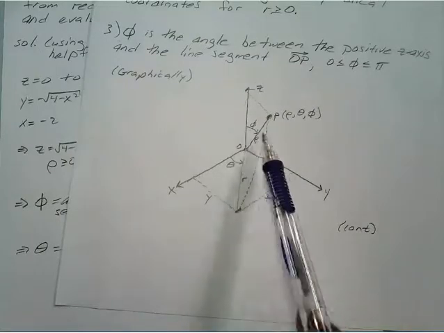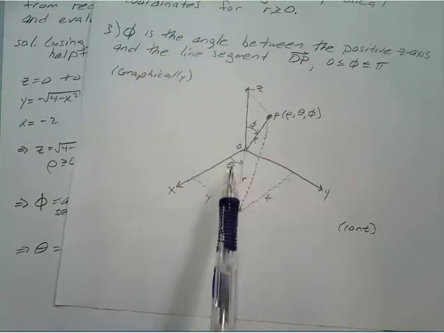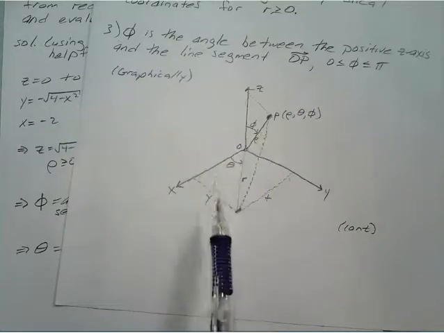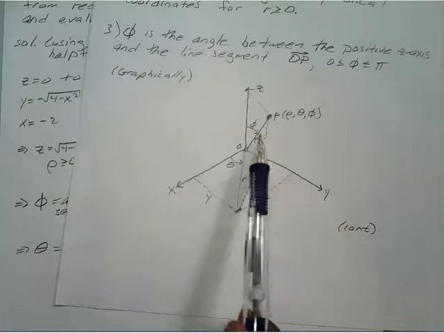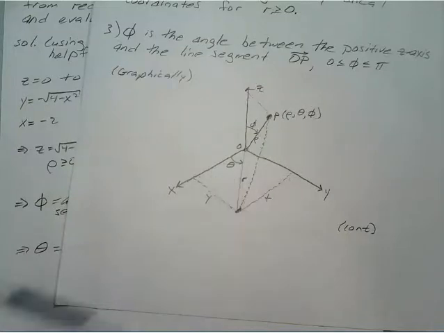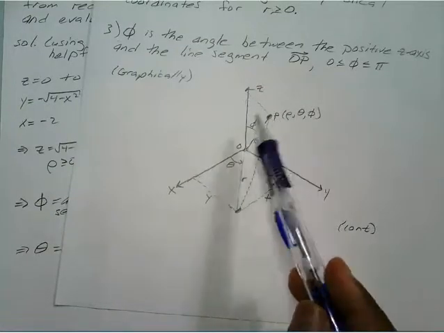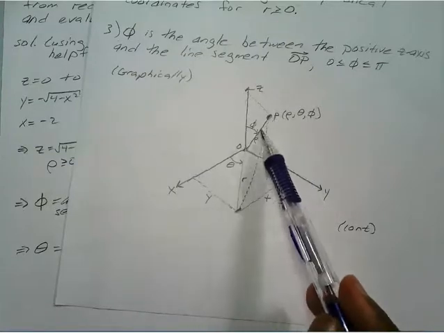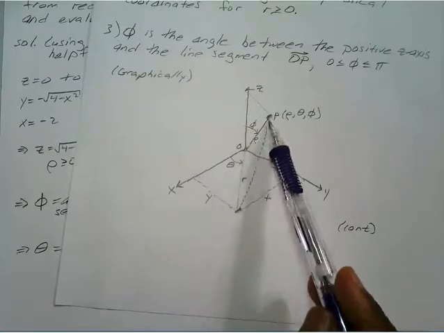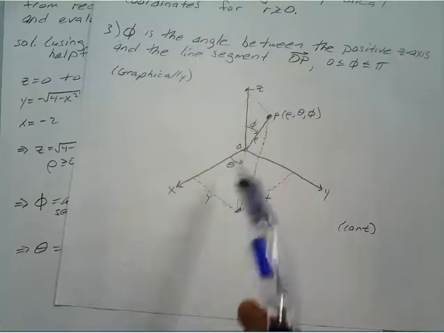We have our phi, and that's our theta. Remember that theta can go all the way around if you have a circular region, which we do. Rho is that distance, and our phi is the angle from rho to that z-axis.